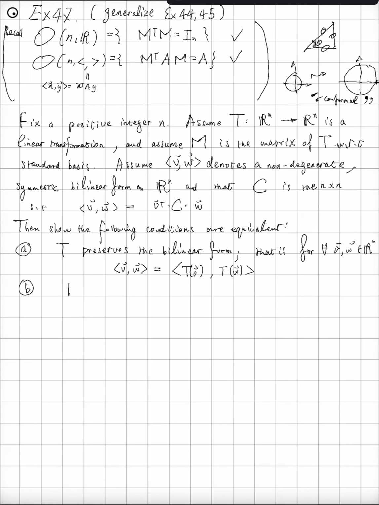Secondly, we characterize it by a matrix condition: M^T C M equals C. The proof of this is almost the same as what we did in the sub-exercise of exercise 45. Basically it's the same proof.